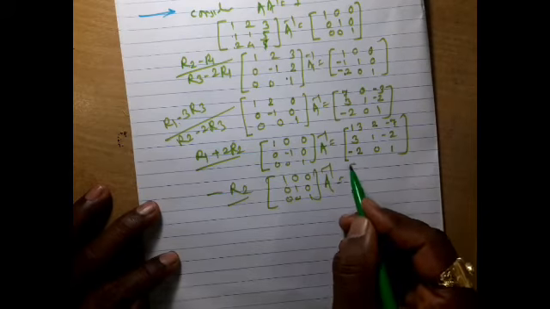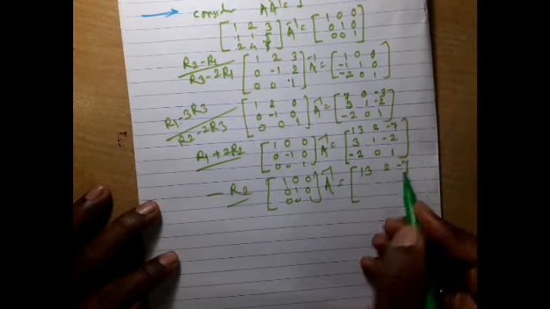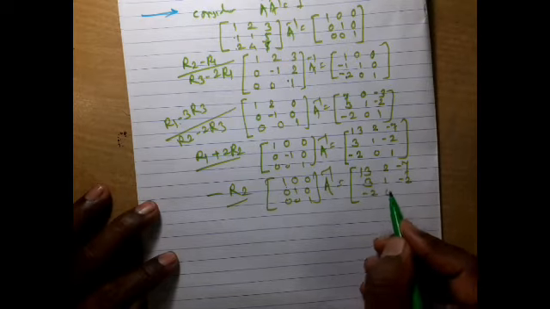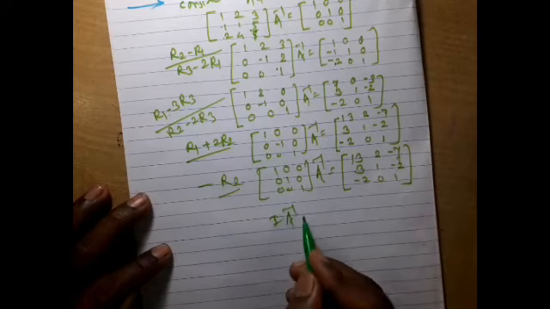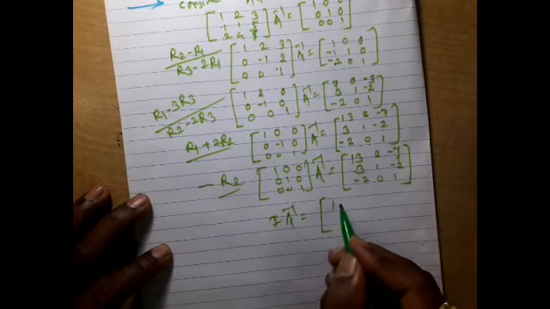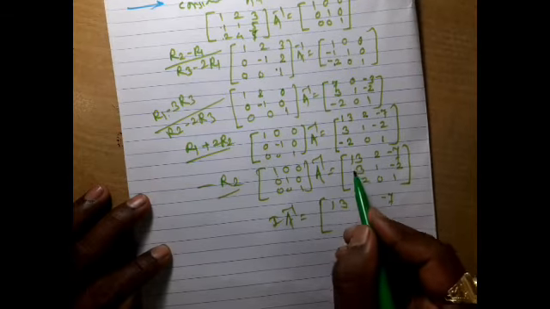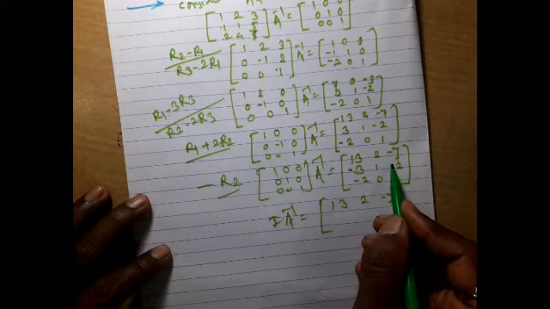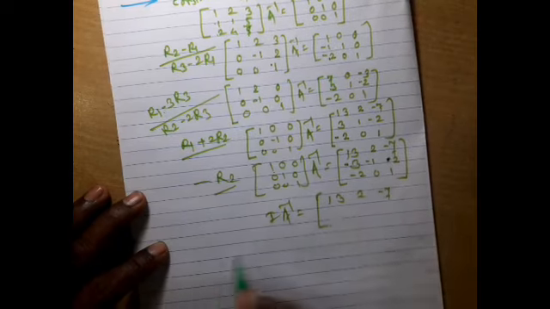A inverse is equal to 13, 2, minus 7, 3, 1, minus 2, minus 2, 0, 1. So A inverse is equal to 13, 2, minus 7. By changing this sign, minus 3, and it will be plus 2, minus 1.